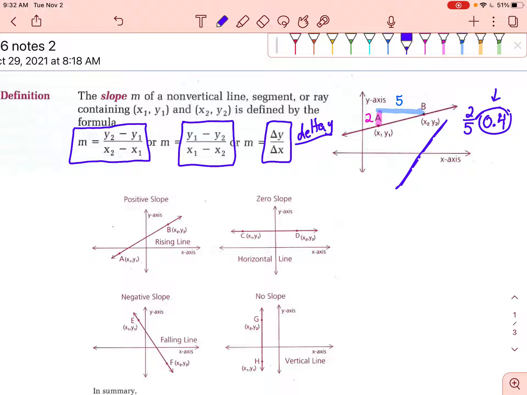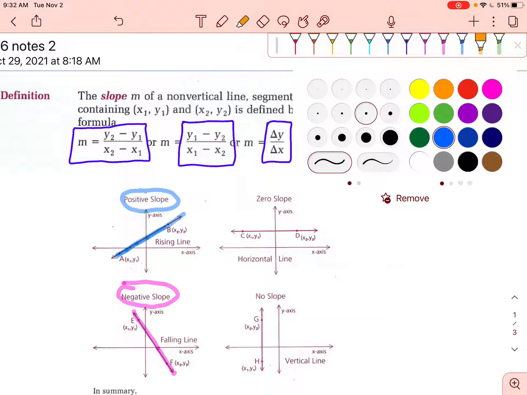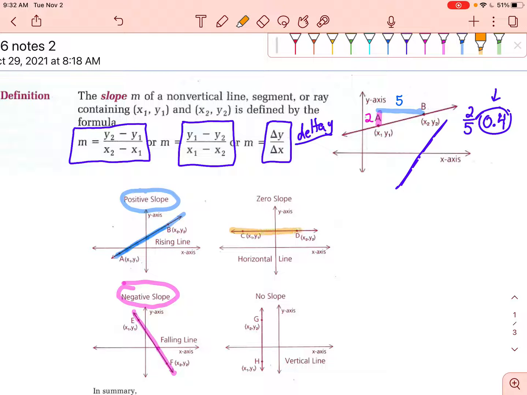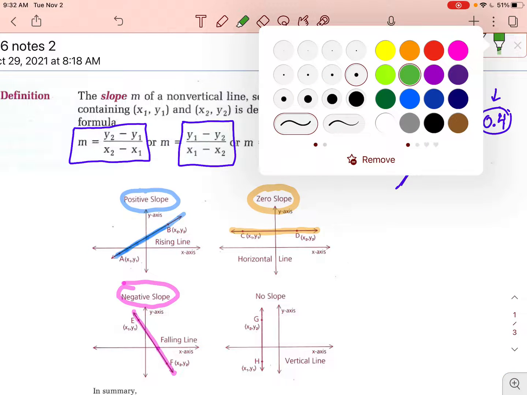Okay, looking down here, again, we read from left to right. If you are reading from left to right and it goes up, that is considered a positive slope. If you are reading from left to right and it's going down, that is a negative slope. If you are reading from left to right and there is no slope, we call that zero slope.